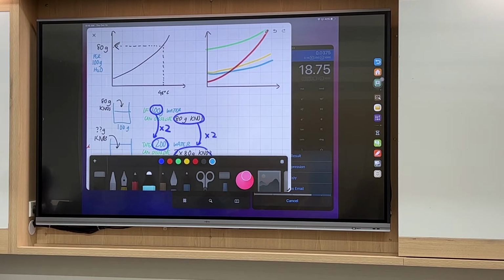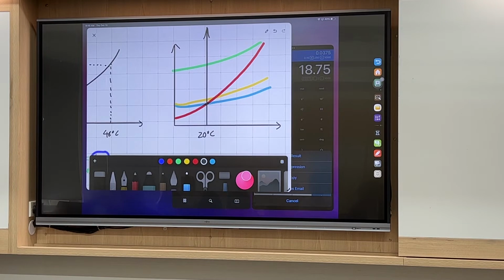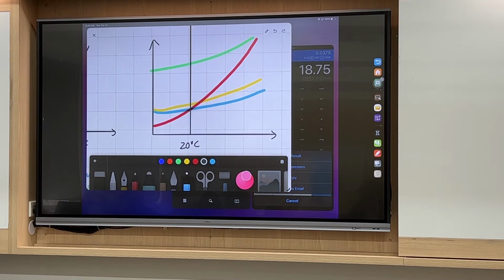Which salt has the highest solubility at 20 degrees? To answer this question, you need to first find 20 degrees from the diagram. Draw a straight line pointing up, like a rocket launching from the ground. Can you tell me which of these lines, green, red? Let's discuss this at recess. If you get this question wrong, especially you need to pay attention.